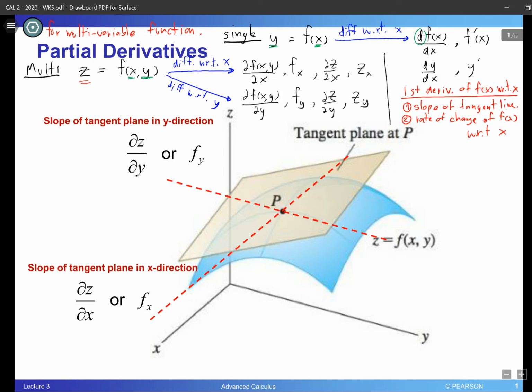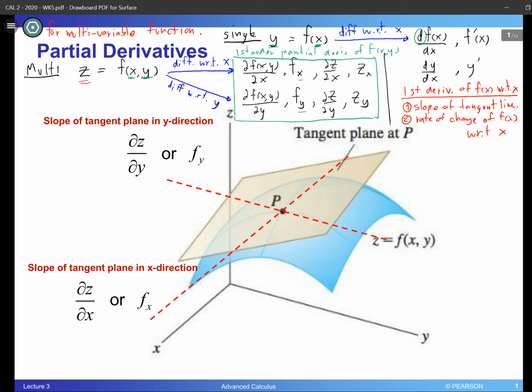So let's make a note right here that all that we have right here are the first order partial derivative of f of x and y. The first row is with respect to x, the second row is with respect to y.